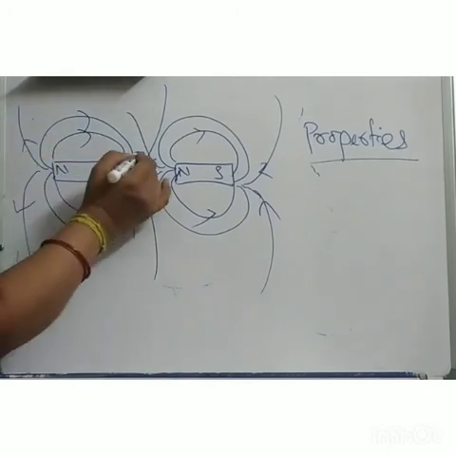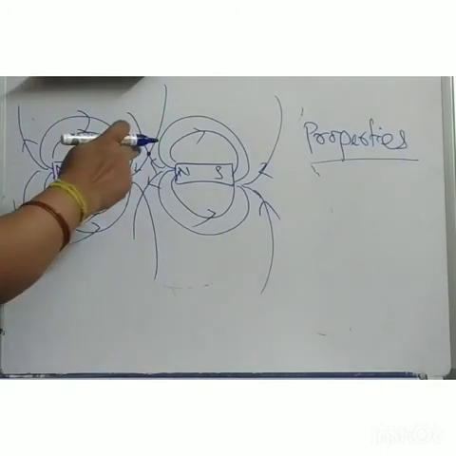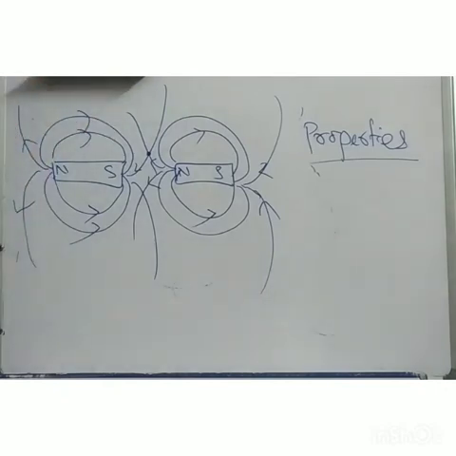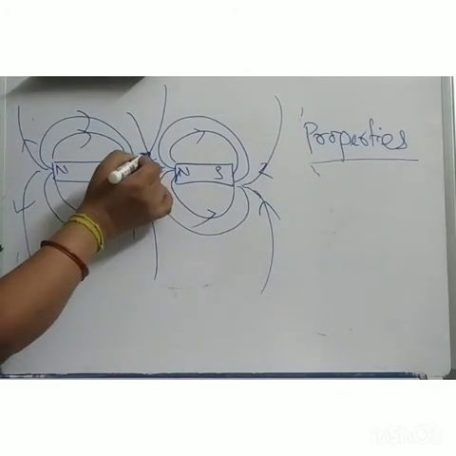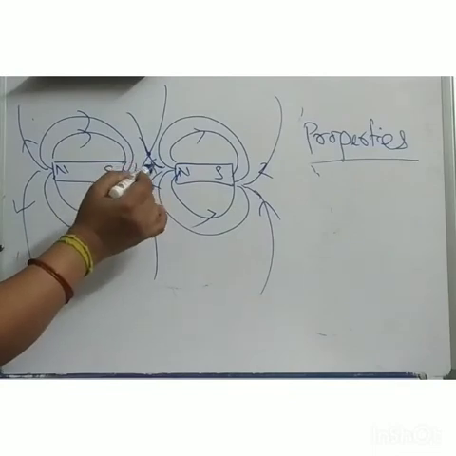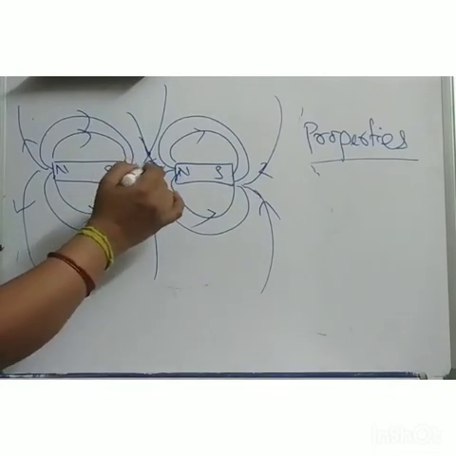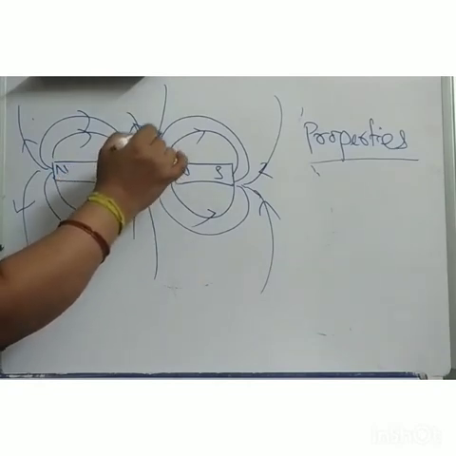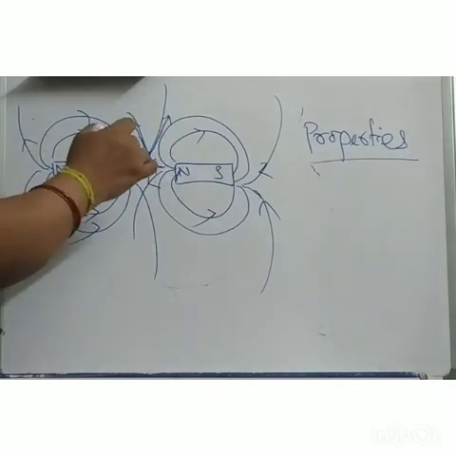If there is an intersection, at the point of intersection, you keep your compass needle over here. What will we see? For one magnetic field line, the compass needle will show this direction, and for the other, the compass needle will show this direction.